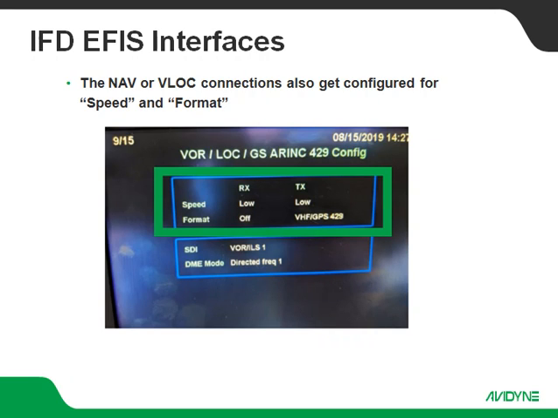And you'll notice on this VOR localizer glide slope ARINC 429 config page, there are the same options we saw on the main ARINC 429 page, where we've got line speed and then format, which is the actual setting to set the protocol.